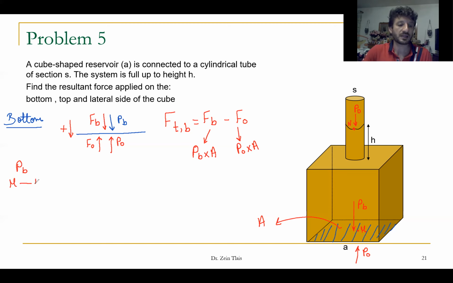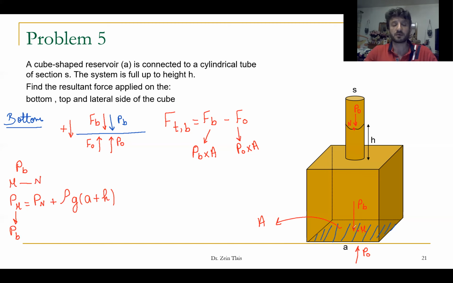Between M and N, we apply the hydrostatic equation: P below equals P above plus rho g times the height between point M and point N, which is equal to a plus h.